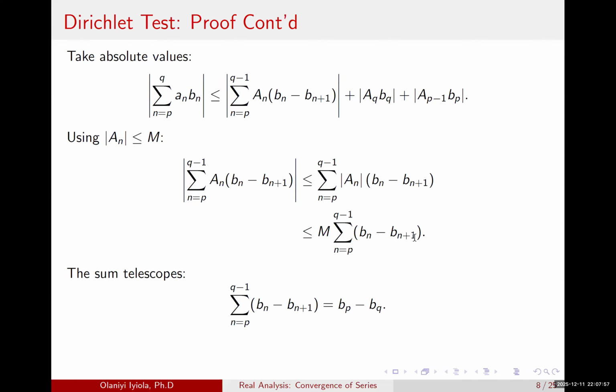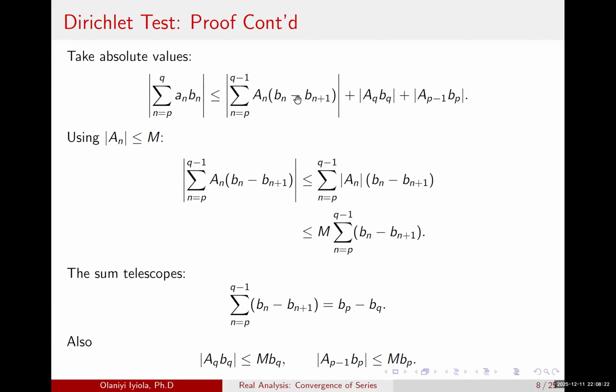So the terms in between will cancel out, and the only things that survive are the starting point b_p and the ending point b_q. That's called a telescoping series. So this whole sum here is just b_p minus b_q.